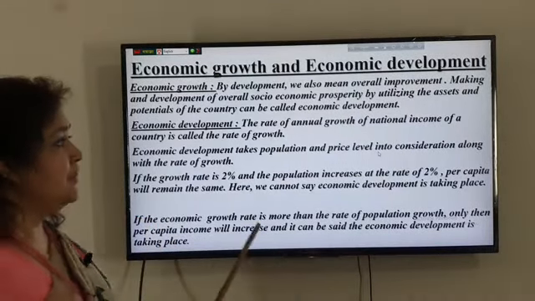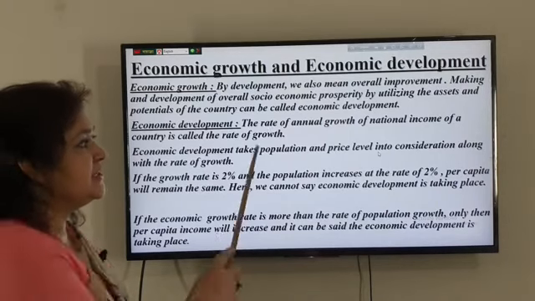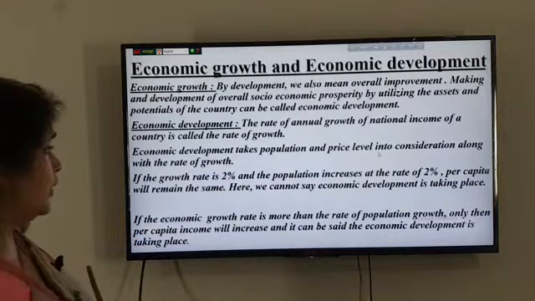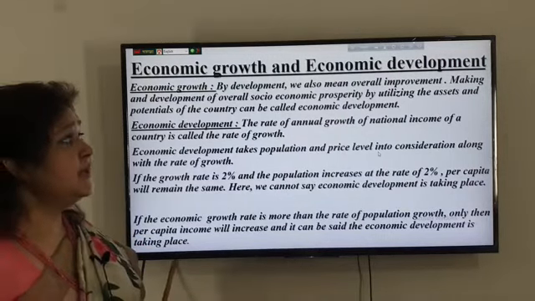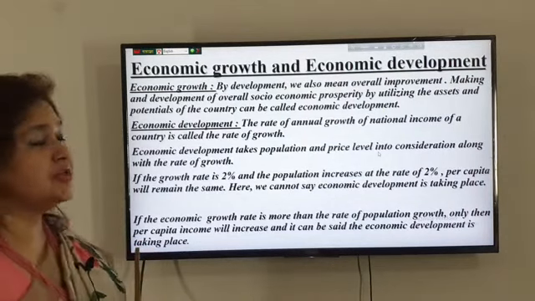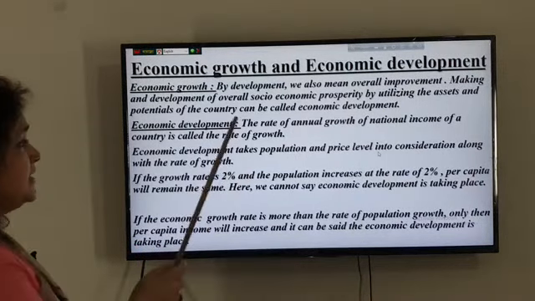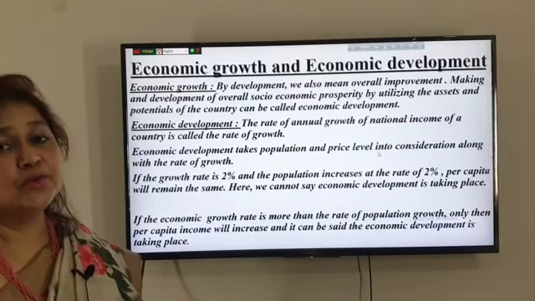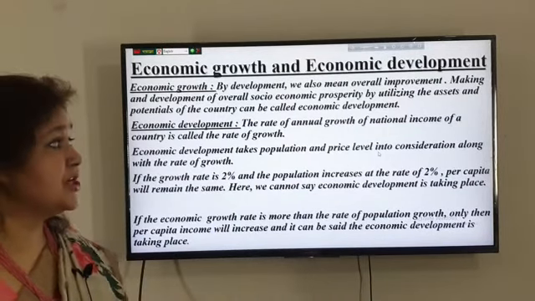And in economic development, different dimensions are included, but in economic growth I have said only one concept, the growth of gross national income.